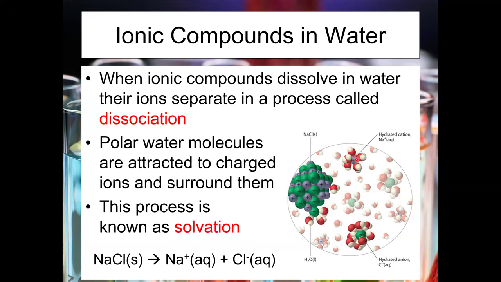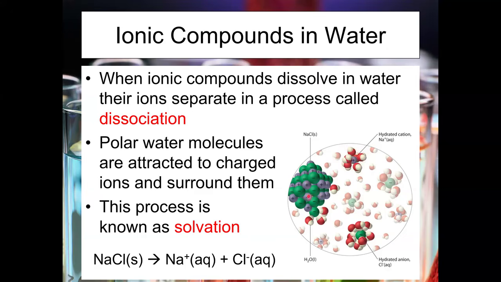When we have a positive ion like this one, the oxygens, which are partially negative, are attracted to that positive ion. So when we have something like sodium chloride, that sodium ion, Na+, gets surrounded by water molecules with the oxygens, which are partially negative, pointing at that positive ion.